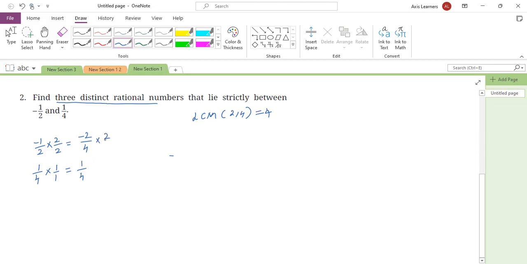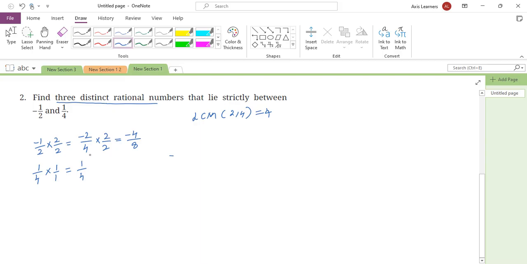We will multiply this by 2. Minus 4 by 8 will come. Already we found the LCM. LCM is 4, but if you take the rational numbers in between these two numbers, we are getting two numbers.